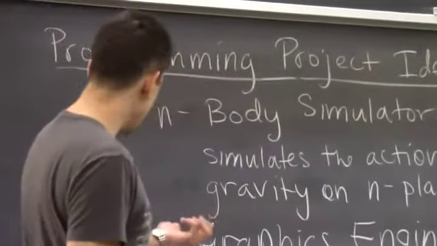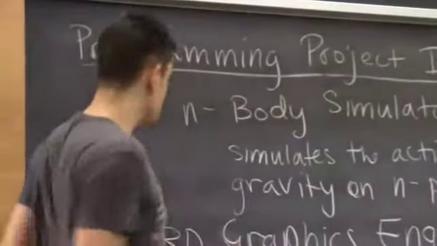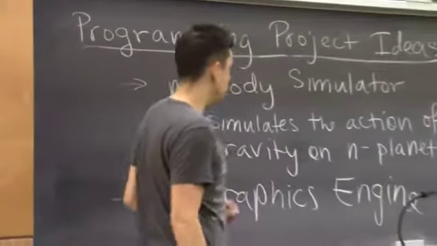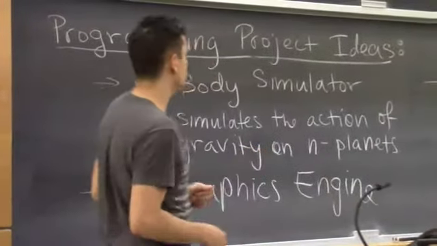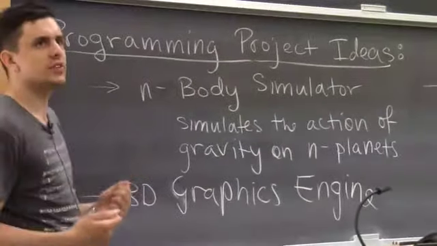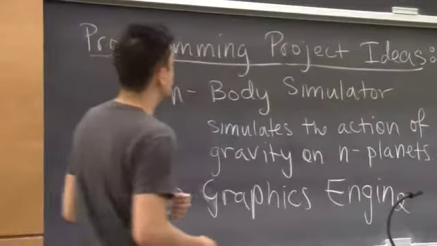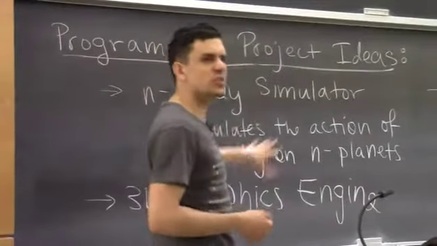So, we've only got 4 months, so we can't do anything super sophisticated, but these are 3 ideas for programming projects. If you really like programming, these ideas would really help solidify the things in the course. Any questions about those 3?